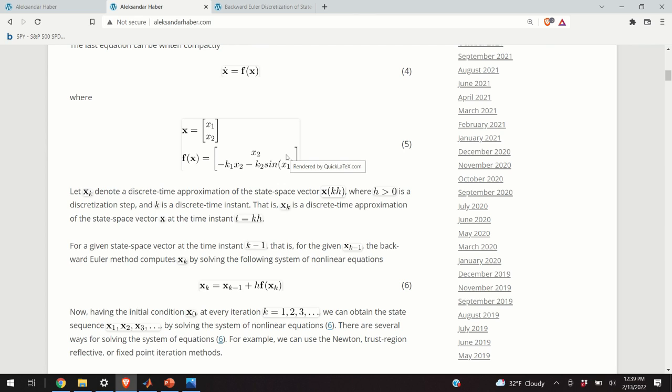For example, one state space variable can have a time constant of 0.1 second, and another state space variable can have a time constant of 1000 seconds. These systems appear when you couple multiphysics. That is, when you, for example, have fluid dynamics that is coupled with the structural dynamics, or when you have structural dynamics that's also coupled with some other physical phenomena.